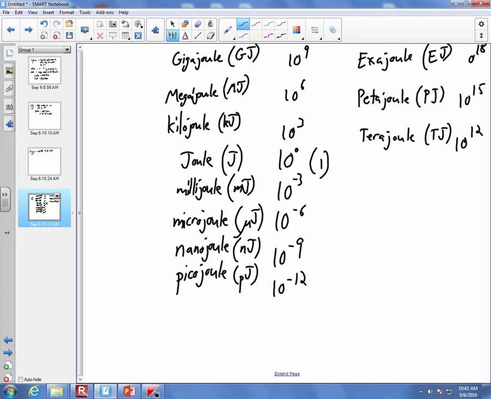In terms of the whole globe, it's in the exajoule scale.